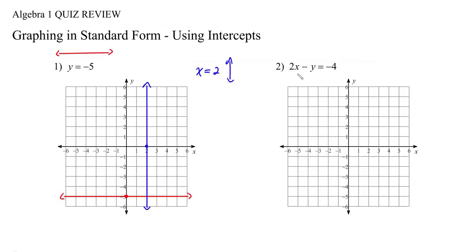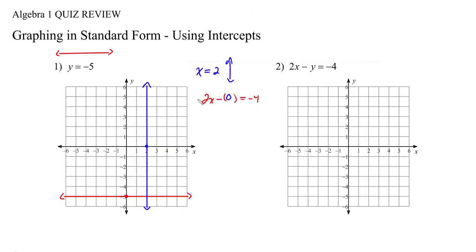All right, number 2 says 2x minus y equals -4. Remember that in order to find the x and the y-intercept, all you have to do is substitute 0 for the other variable. So let's go ahead and find the x-intercept first. That means we're going to substitute a 0 for y. It's going to look like this: 2x minus whatever y is equals -4, and y is 0.